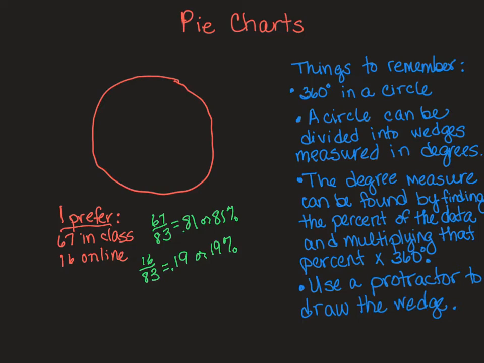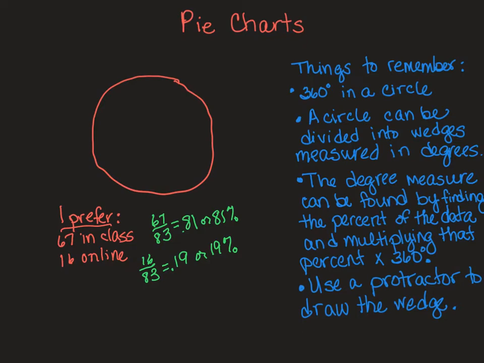So what we want to do now is find out how many degrees that is. For one of my wedges, I'm going to take the small one because I only have two. Once I do the small one, I know the rest of that circle will be the larger wedge. I need to figure out what 19% of 360 is.